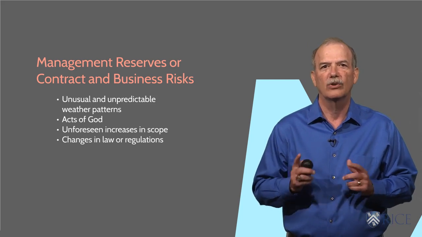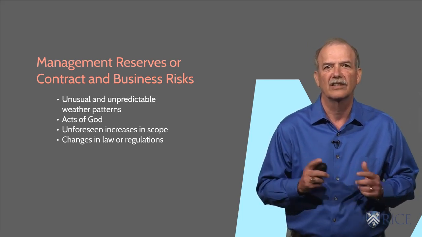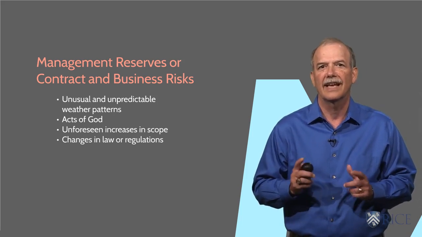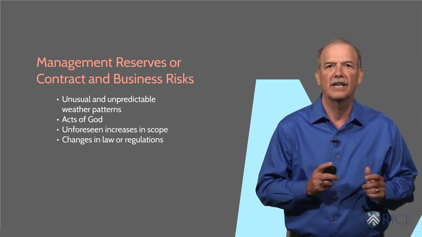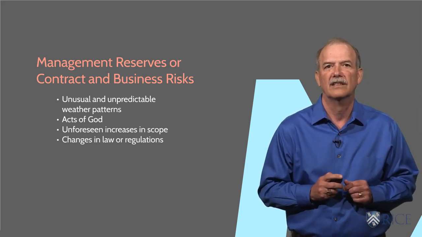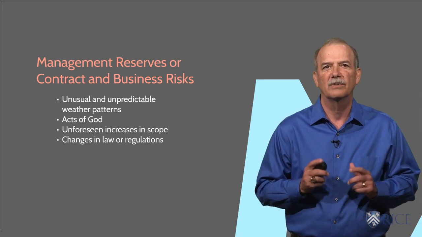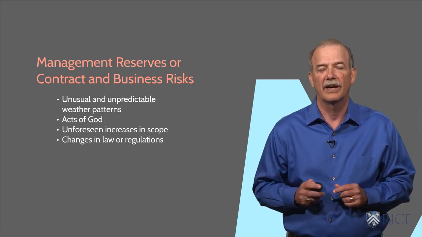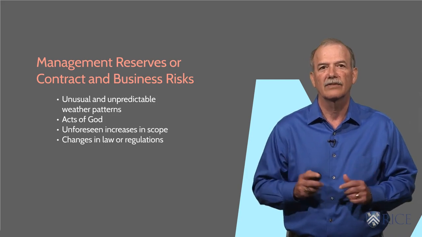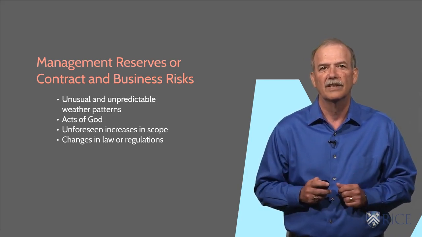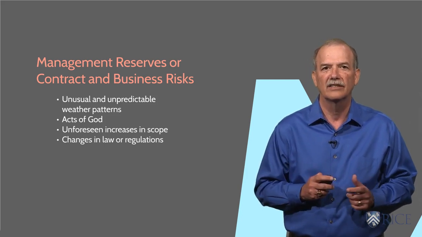The first two categories of risk, cost and schedule contingencies, are based on the known scope and baseline as developed. This latter category, management reserves, is based on things outside the scope and the baseline. Typical items in this category include unusual and unpredictable weather patterns, acts of God, unforeseen increases in scope, changes in law or regulation, and the like.